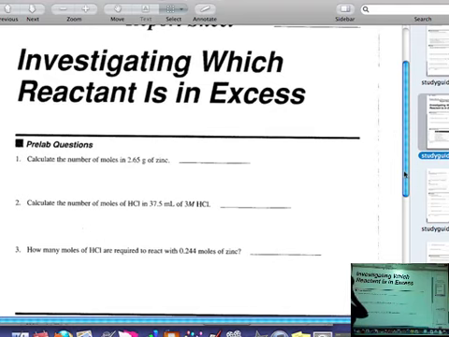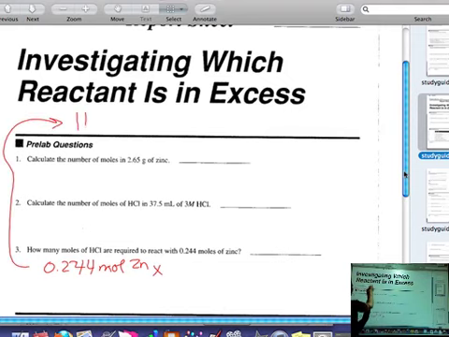How many moles of hydrochloric acid? We're given 0.244 moles of zinc. Now we've got to think about the reaction, so I'll write it up here. We're taking hydrochloric acid and zinc and reacting them together.